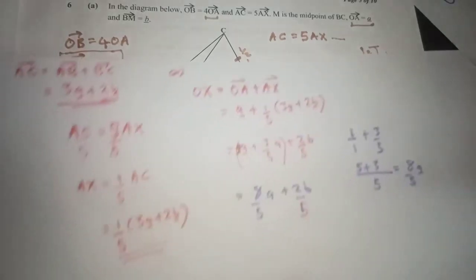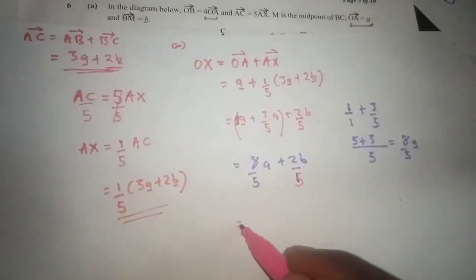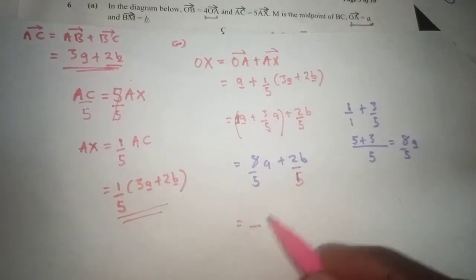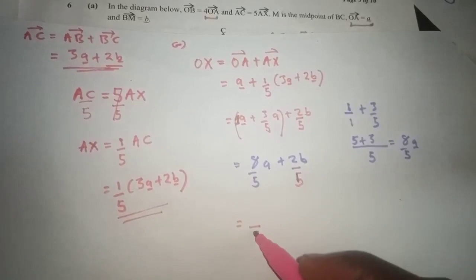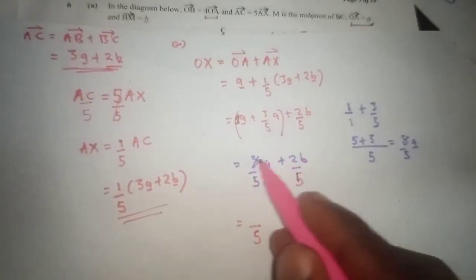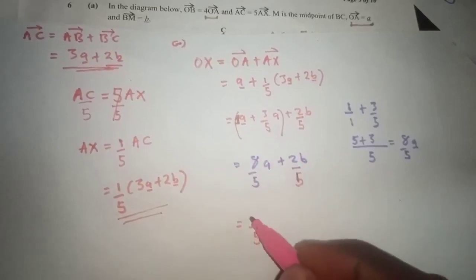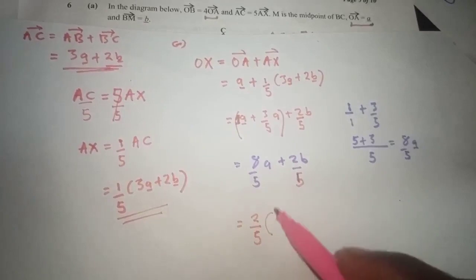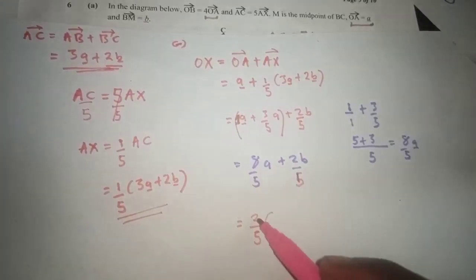So let's see if we can show it. Let's look at what is common. On the denominator, what is common is 5. On the numerator, 2 can go into 2 and 8, so you get 2 here, then you open the brackets. Which number are you going to multiply with 2 to get 8?